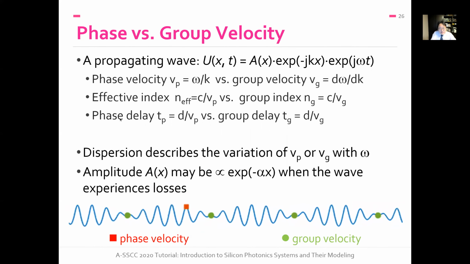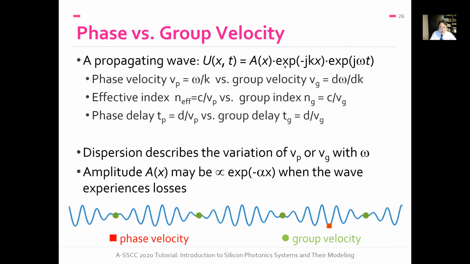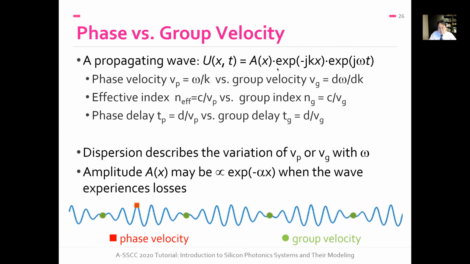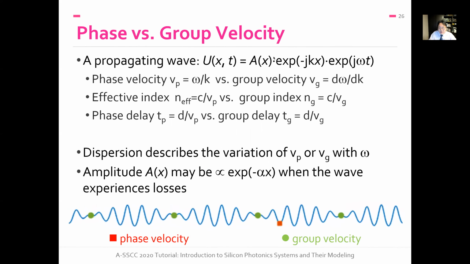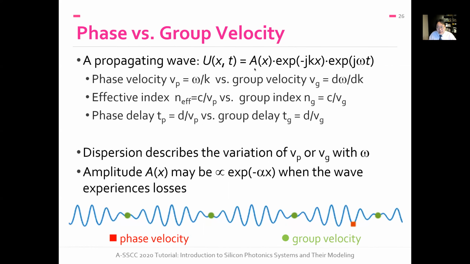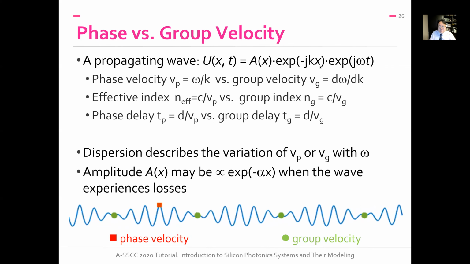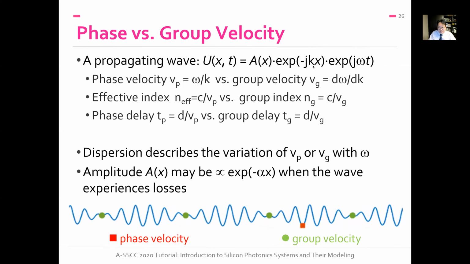Since optical signal is basically a propagating wave, we can express that using a wave equation. So a wave equation has basically maybe 2 or 3 components. One component is the magnitude, the amplitude information. The second term expresses how this wave changes as a function of position.